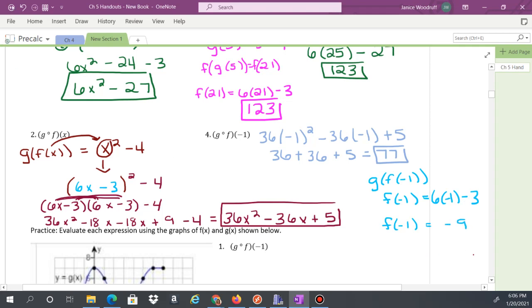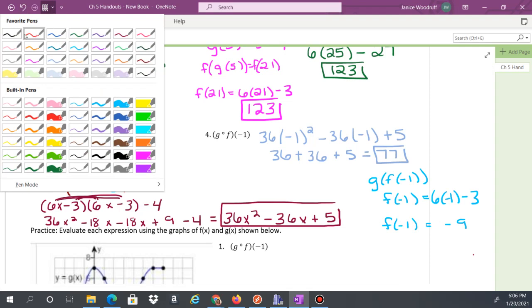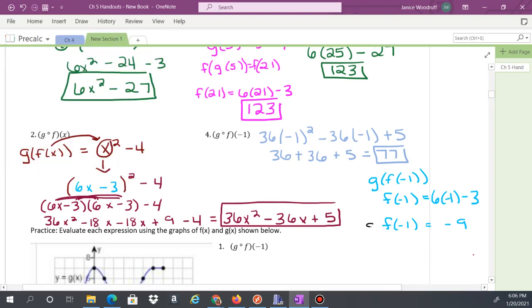And then I'm going to do g of f of -1, so g of -9. My g of x function is x squared minus 4. So I'm going to go -9 squared minus 4. So 81 minus 4 gives you 77.